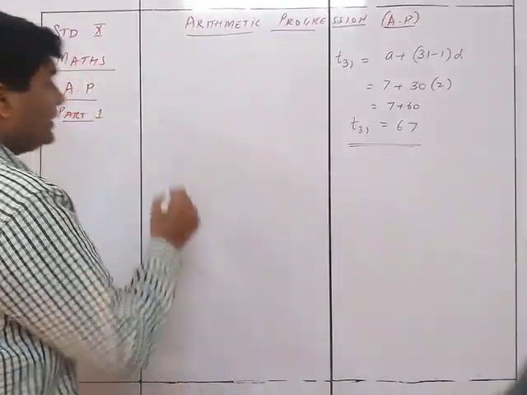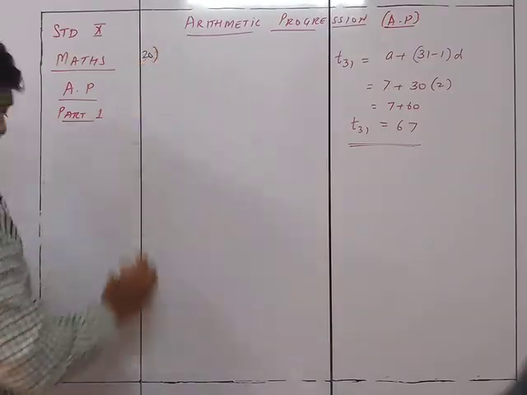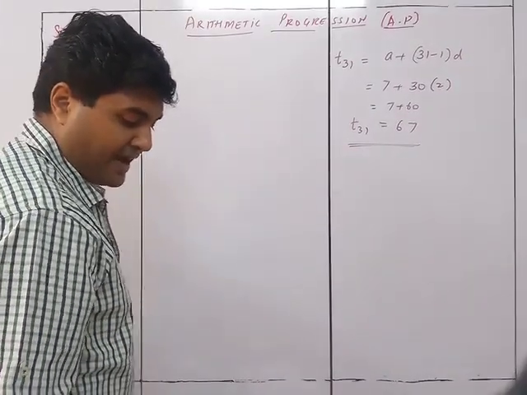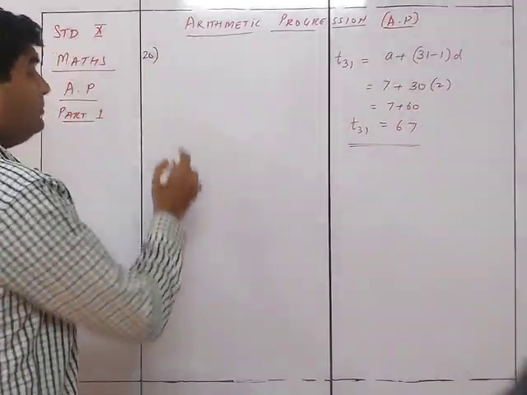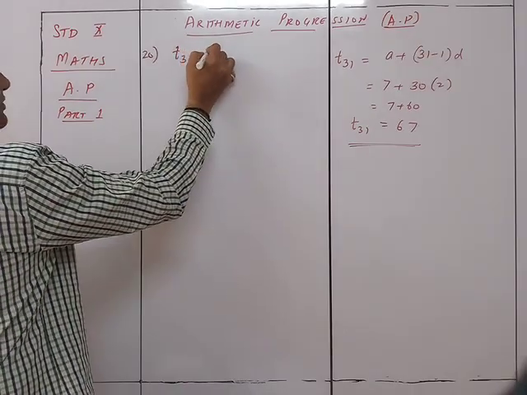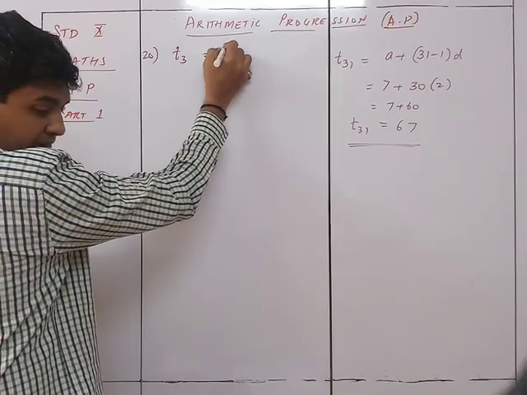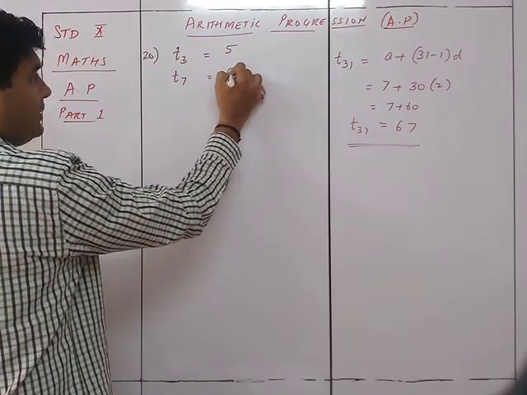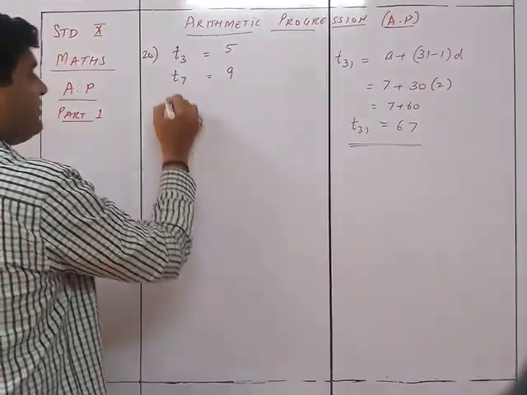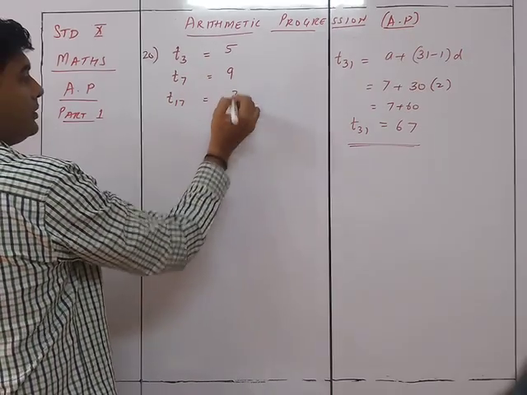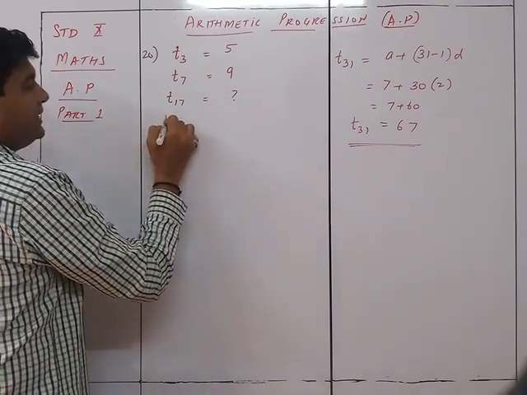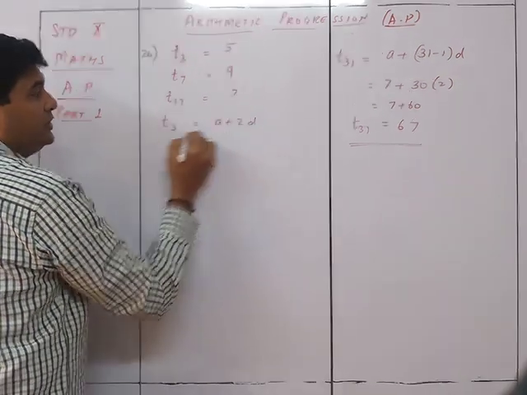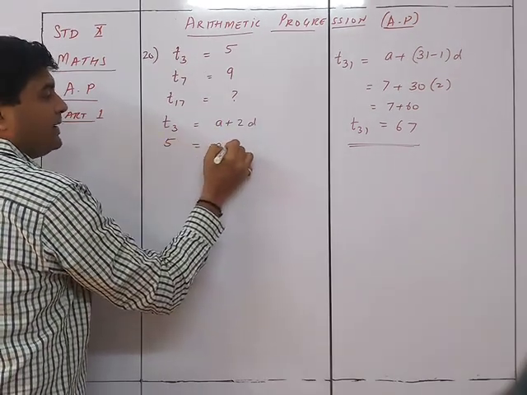Sum number 20. If the third term of an AP is 5 and the seventh term is 9, again a similar sum. You need to find the 17th term. So T3 is equal to A plus 2D, so 5 is equal to A plus 2D.